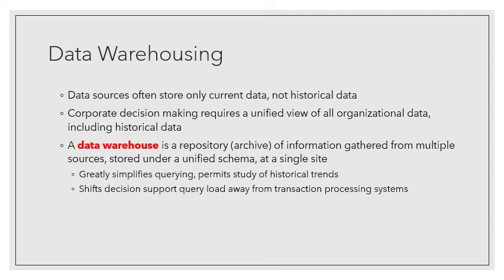Once gathered, the data are stored for a long time, permitting access to historical data. Thus, data warehouses provide the user a single consolidated interface to data, making decision support queries easier to write. Moreover, by accessing information for decision support from a data warehouse, the decision maker ensures that online transaction processing systems are not affected by the decision support workload.